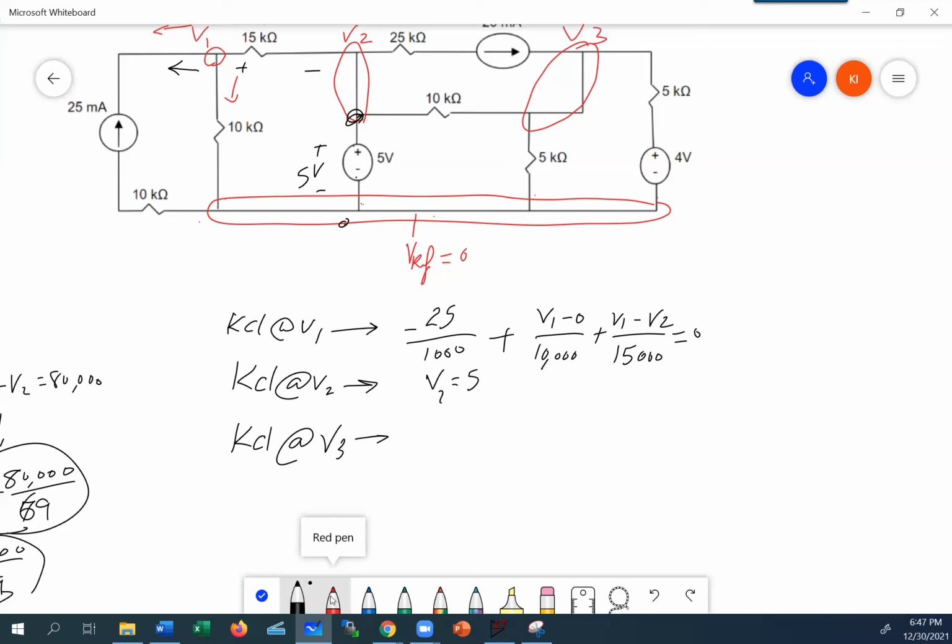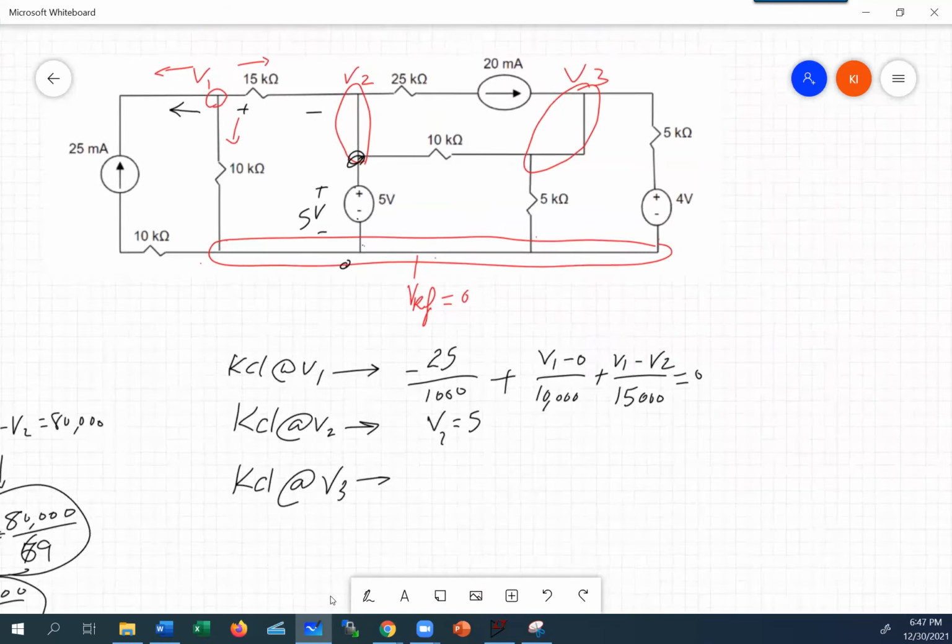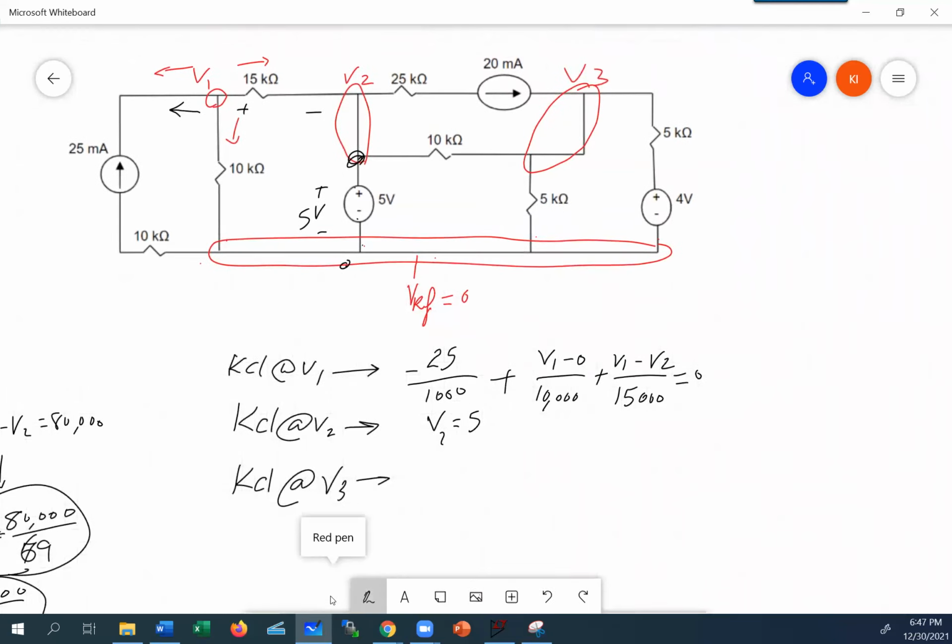And then we're going to go to V3. V3 introduces a few other interesting things we got to pay attention to. So let's take a look at what's going on. There is a branch here. The current I want going out, but there's a 20 milliamp coming in. So I'm going to write it as minus because it's coming in. It's going to be minus 20 divided by 1,000 plus.